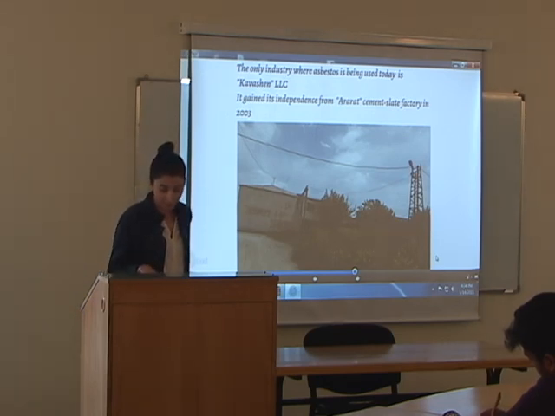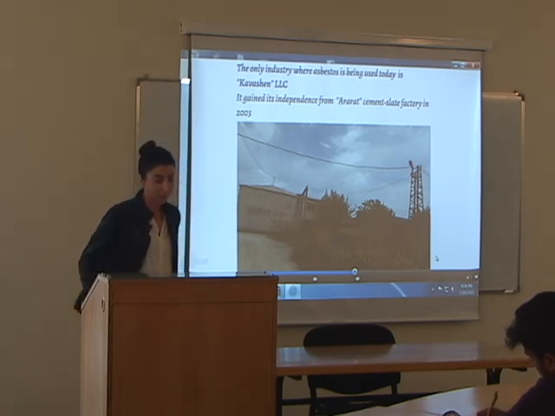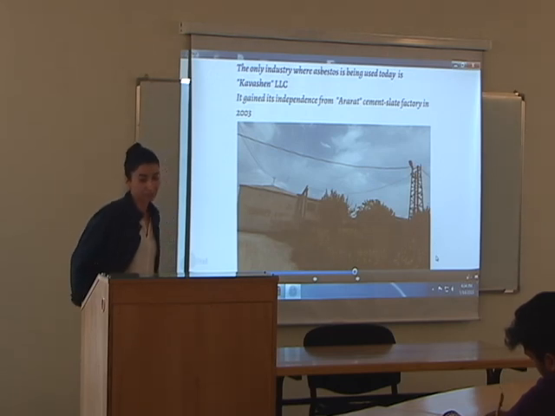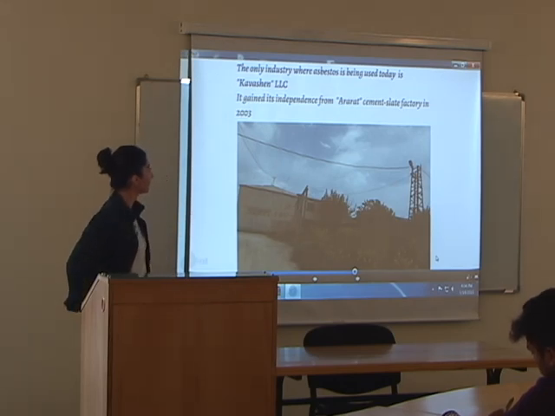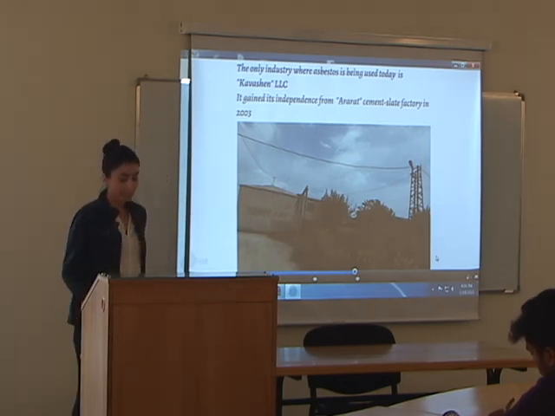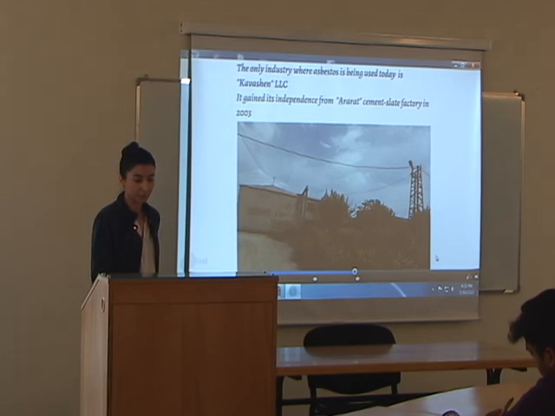But you can see that it's not a small factory, and it was privatized probably in 2003. We had different sources and I'm not sure about this year, but most likely it was privatized in 2003. It was part of the Ararat cement slate factory.